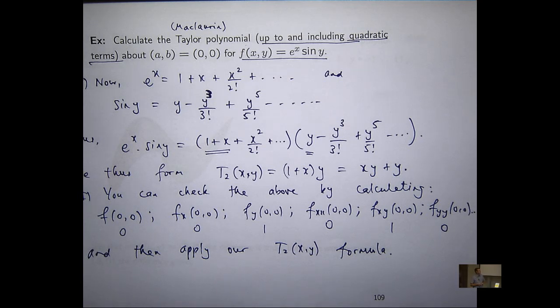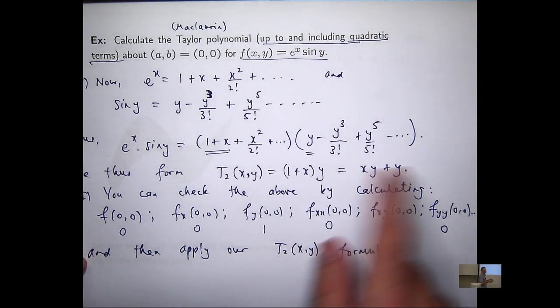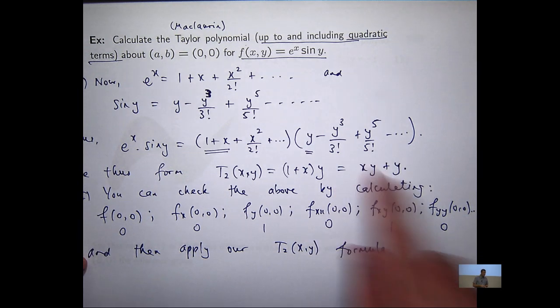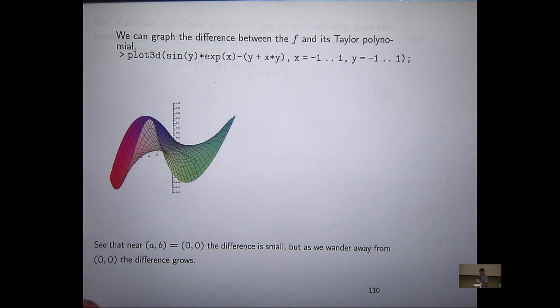Okay, so I said that these polynomials provide approximations. So let's have a look. Here's our original function. This is our t sub 2. Here, I've basically graphed the difference between the function f and the Taylor polynomial t2 that we just calculated. So you can use a 3D plot.